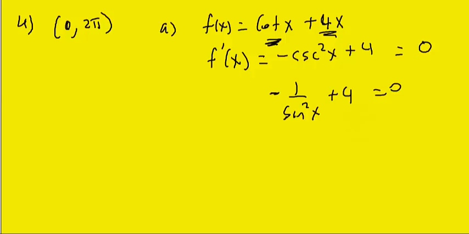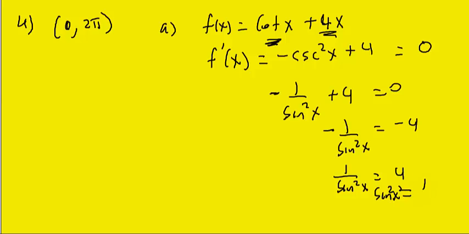Okay, so this is negative 1 over sine squared x is equal to negative 4, which is really 1 over sine squared x is equal to 4, which is really sine squared x is equal to 1/4. So which is really sine of x is equal to plus or minus 1 over 2.